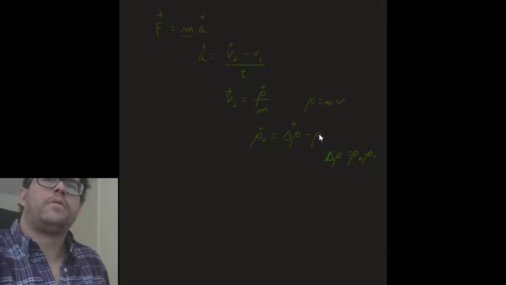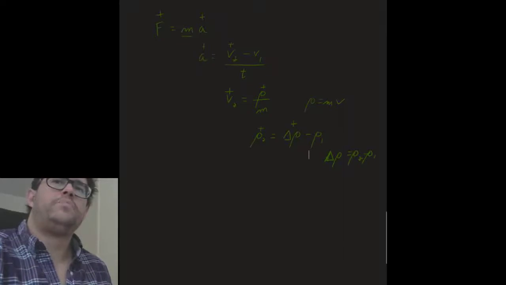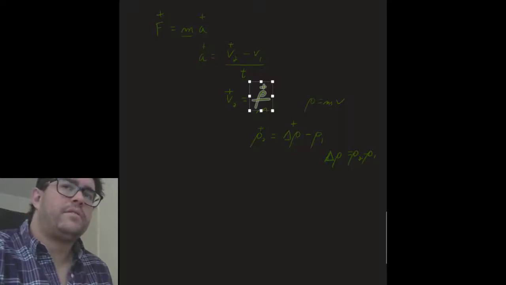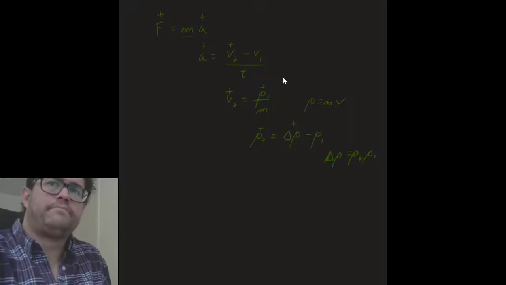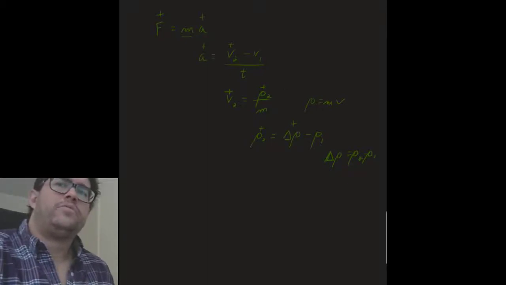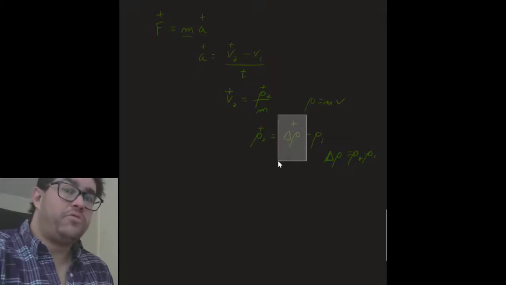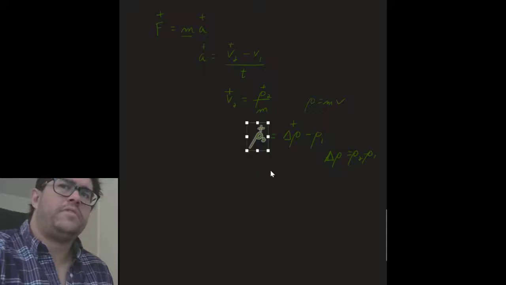So again, P1 is a definite value that is due to V1. By creating a force, you accelerated the object, you created a second velocity because of that, which created a second momentum. And then if you say you have a second momentum that is greater, then you've increased the difference between the second momentum and the first momentum. So the difference in momentum increases.